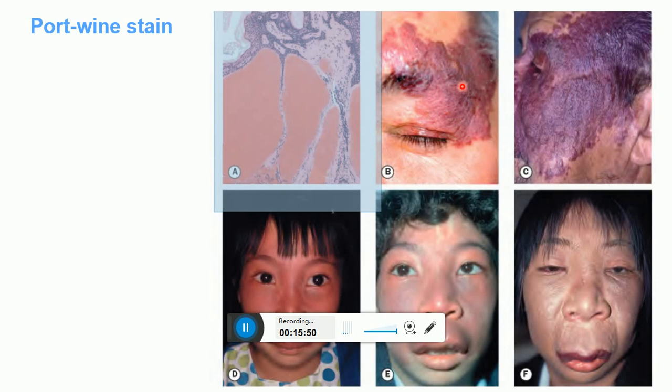It is most frequently located on the face, and usually it is unilateral and tends to be aligned with the skin area supplied by one or more divisions of the trigeminal nerve. Here you can see the trigeminal nerve dermatome. Darkening to red or purple takes place with age, with commonly associated soft tissue hypertrophy. Bleeding may occur from focal overlying lobulation.